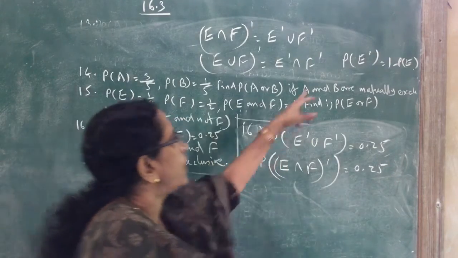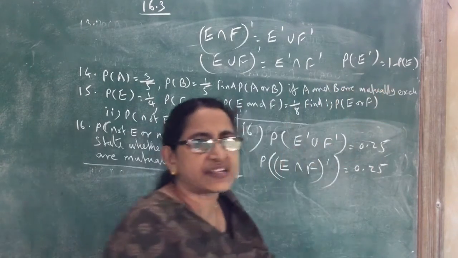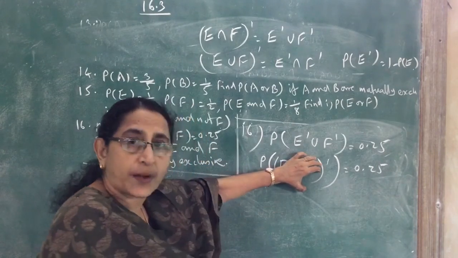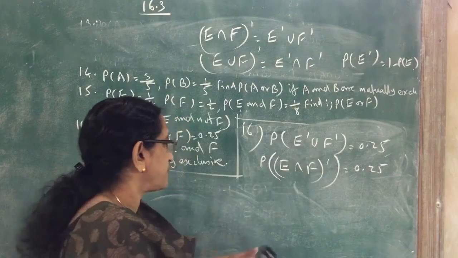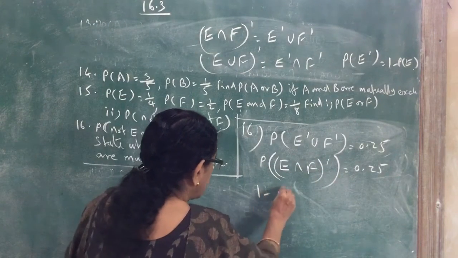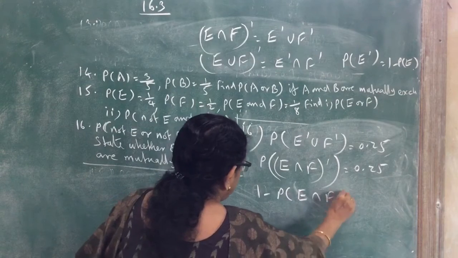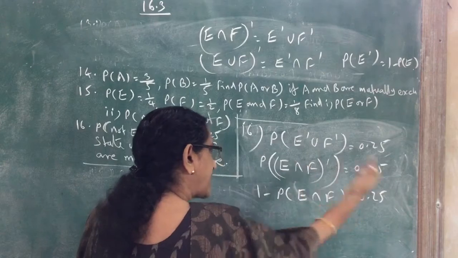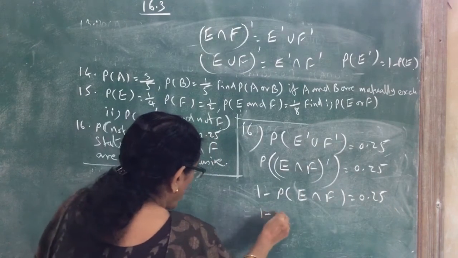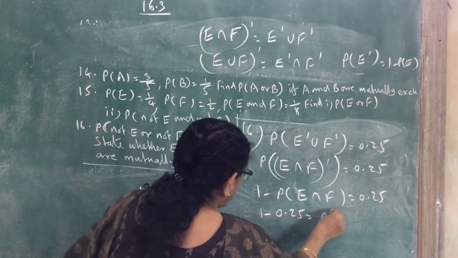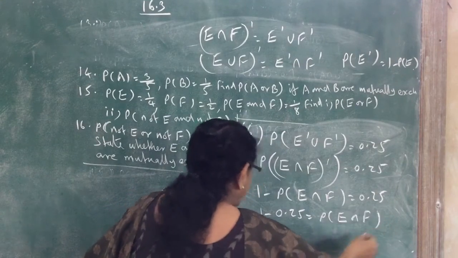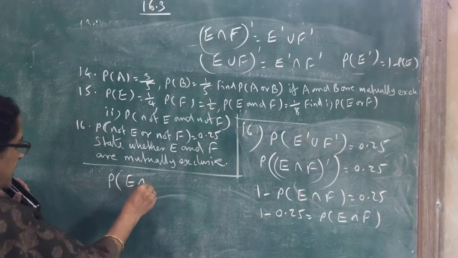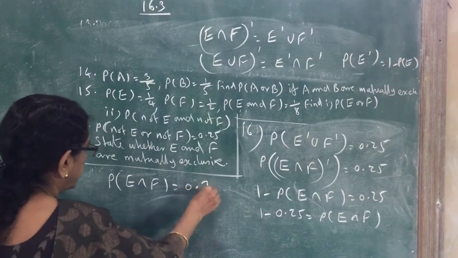Again we can apply the formula, probability of E dash equals 1 minus probability of E. Therefore probability of E intersection F complement equals 1 minus probability of E intersection F, which equals 0.25. So we take probability of E intersection F to one side and 0.25 to the other: 1 minus 0.25 equals probability of E intersection F. 1 minus 0.25 is 0.75. Therefore probability of E intersection F equals 0.75.